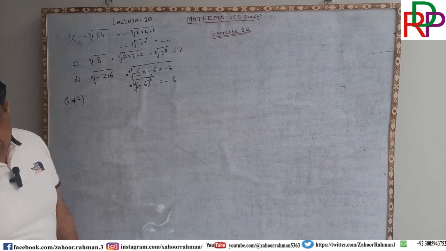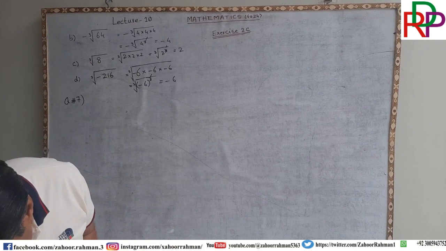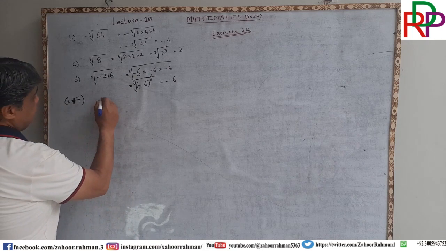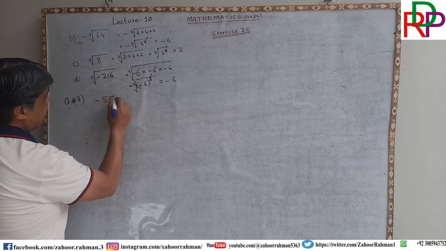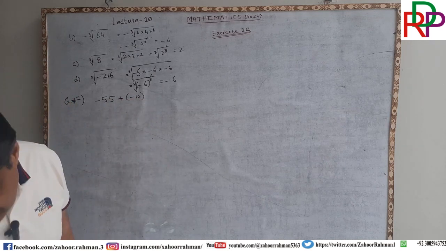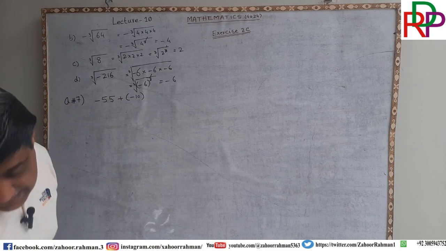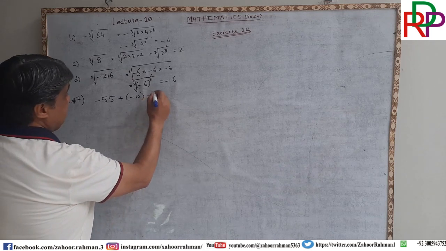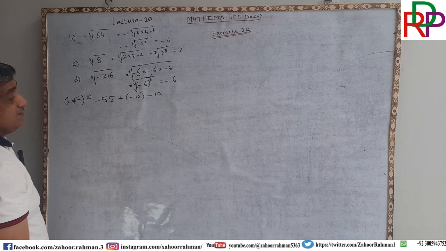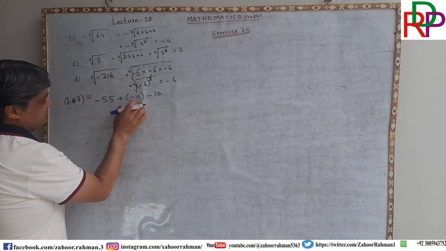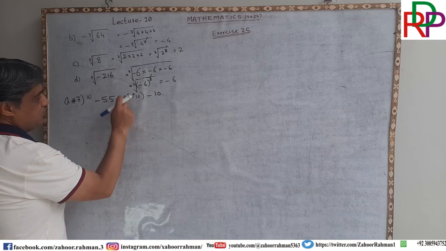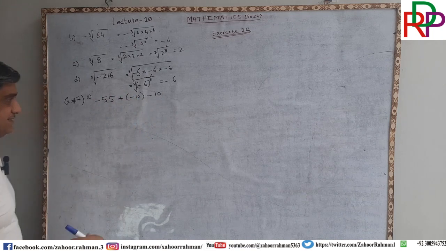So question number 7 is saying minus 55 plus minus 55 plus minus 10, and minus 10, and that is part A. Now, as a mathematician, our first duty is to remove this parenthesis.